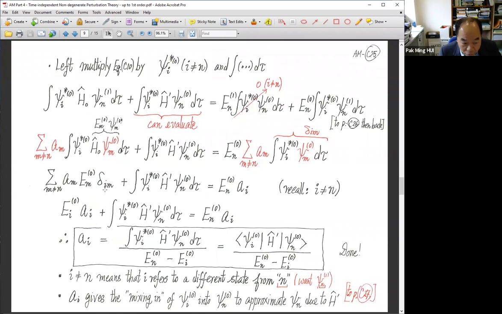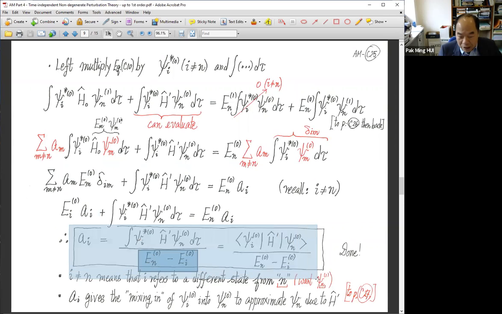Nonetheless, notice the difference. Here, when m hits i, this zeroth order energy becomes E_i zero, okay? Therefore, in one line, I move this term to the left-hand side, take A_i out, I have a denominator, okay? Divide it through to the other side, we are done.